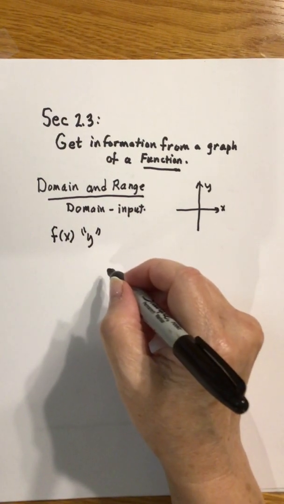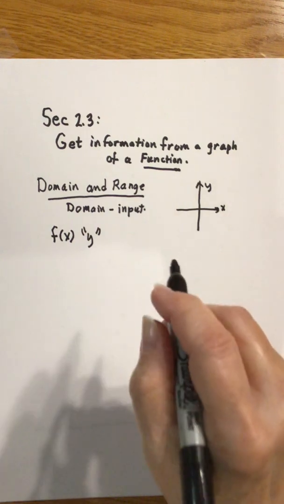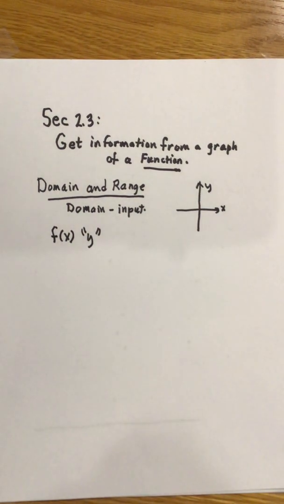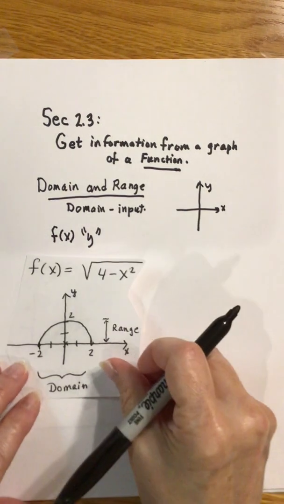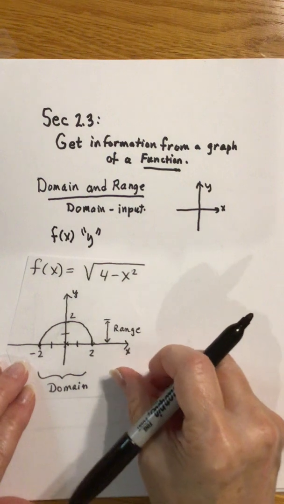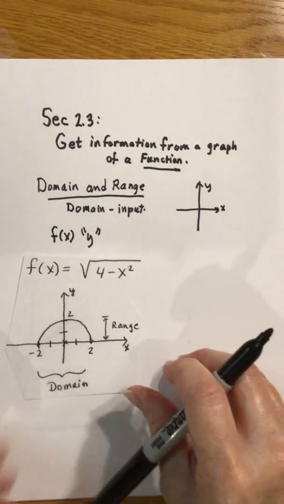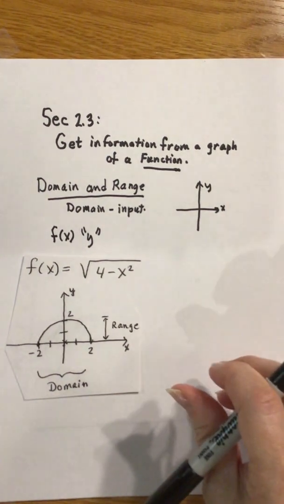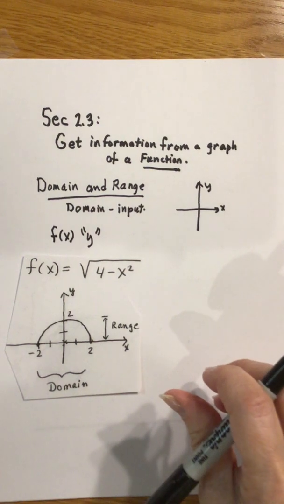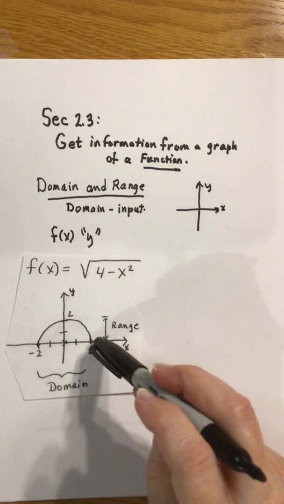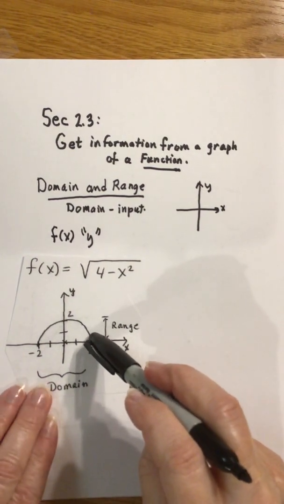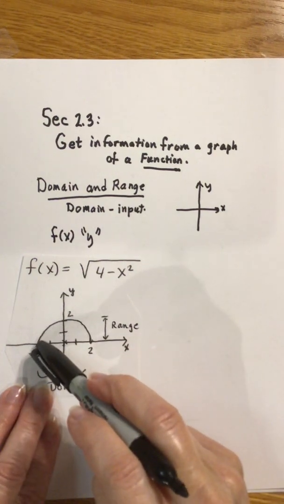So we're going to find the domain and the range from a graph. So the first graph we're going to look at is this one. Now I already have it marked here for you, but when we're looking at this particular graph, we know that it starts at 2 over here, curves around, and then comes down to -2.